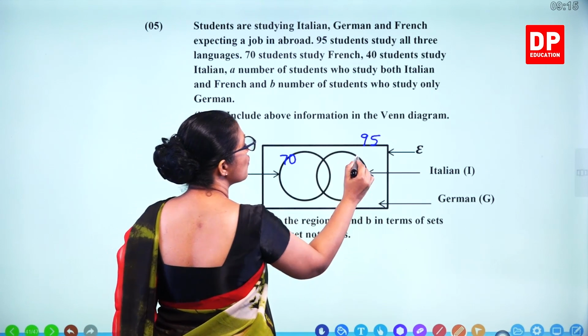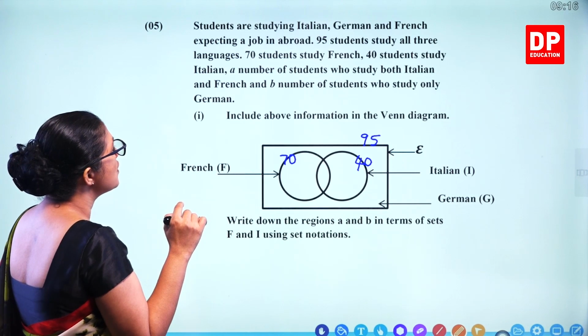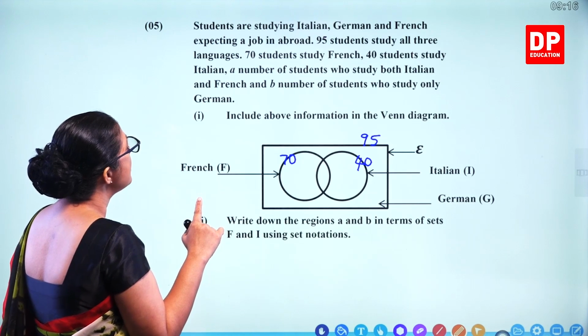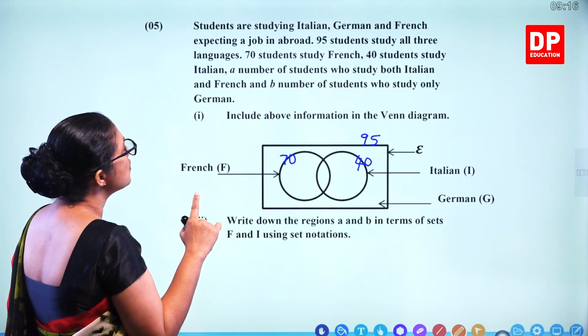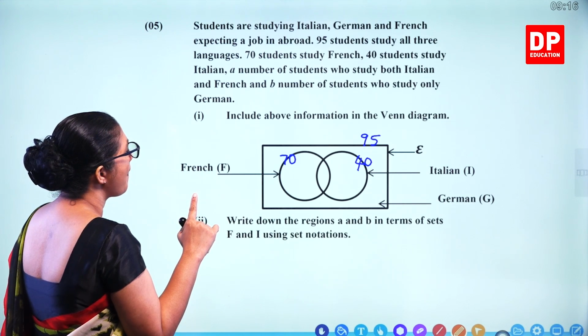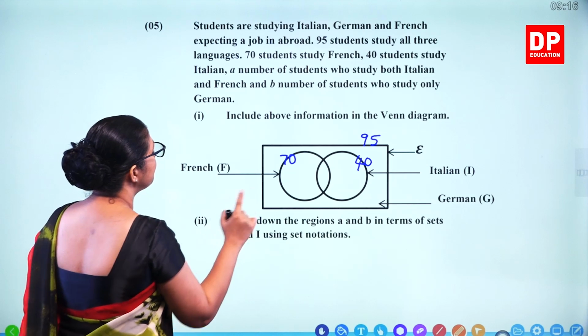Italian is this circle. And A number of students study both Italian and French, and B number of students study only German. Only German is B.